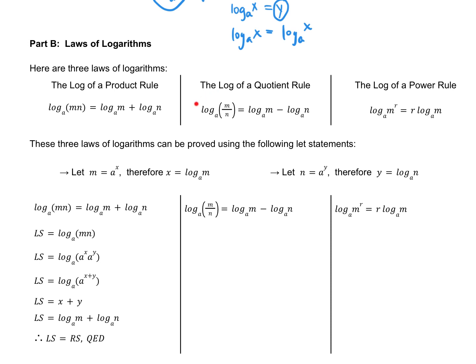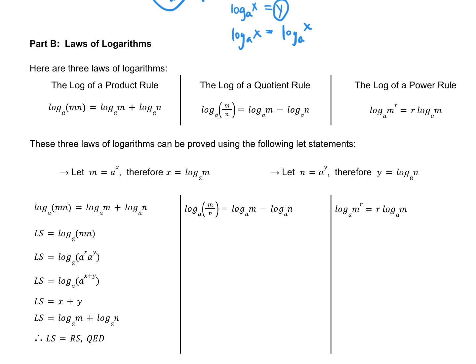But notice, this is one log. It expands into two logs that are subtracted. And finally, if I have log m with a base of a, but that m has an exponent on top of it, that exponent can just come out in front of the log so that we're doing r times whatever this log is equivalent to.